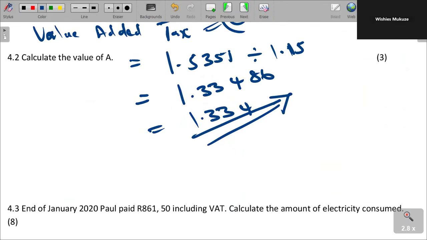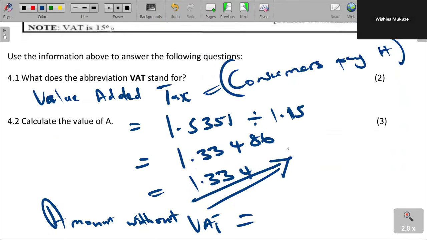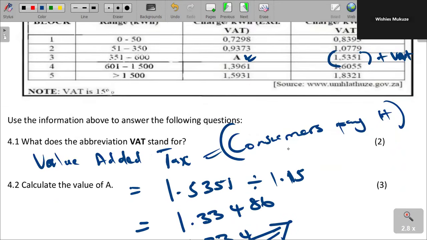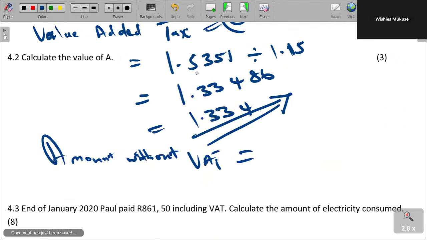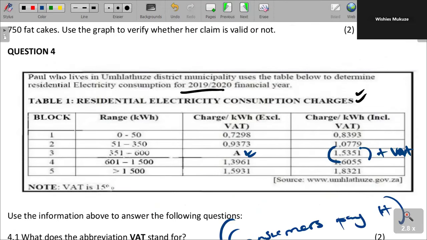So A is just an amount without VAT. We calculate the VAT amount and just remove that amount of VAT. That is how we are calculating A, the charges without VAT.